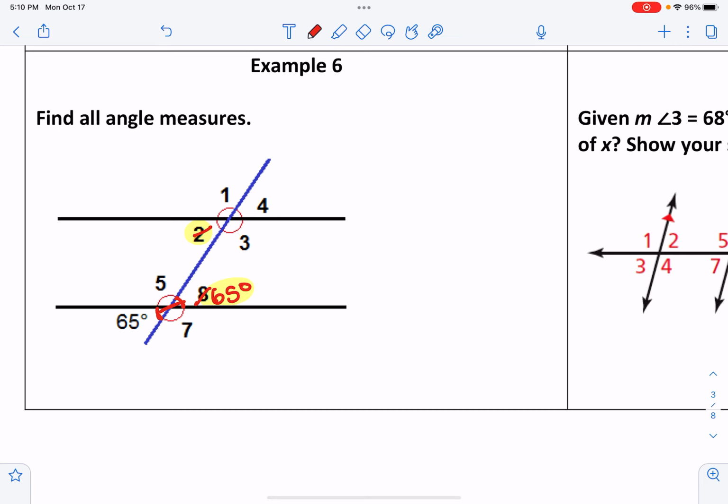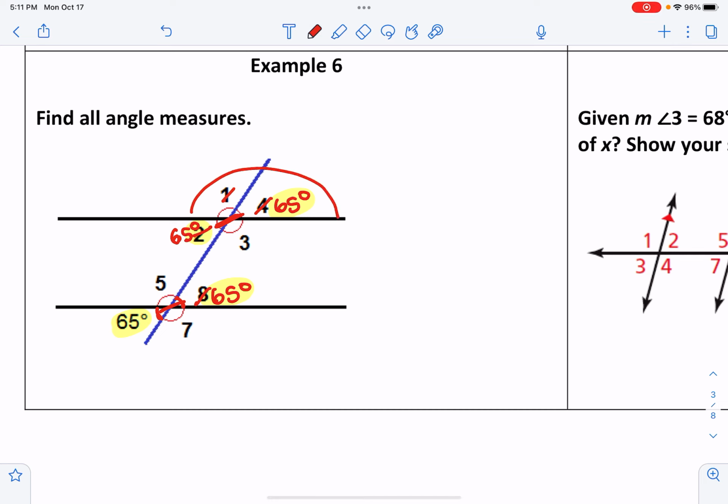So angle 2 is also 65 degrees. And vertical again, you guys, angle 4 is also 65 degrees. And if we just double check, 65 and this 65 out here, alternate exterior, well, those are congruent, so perfect.